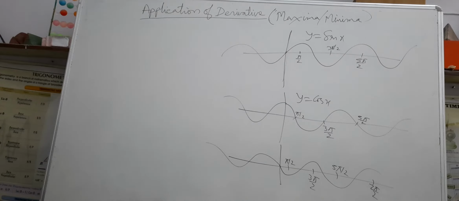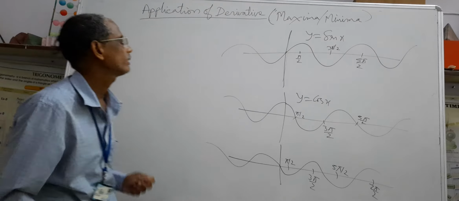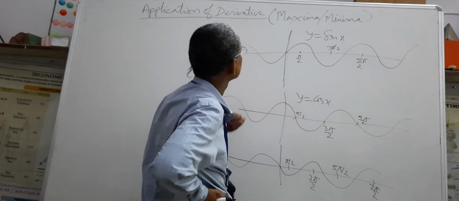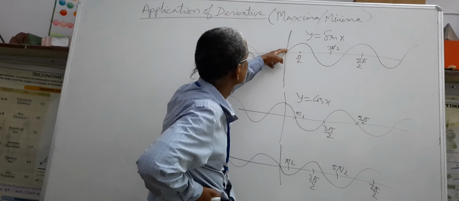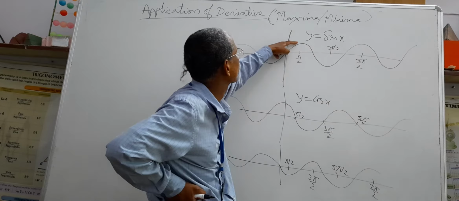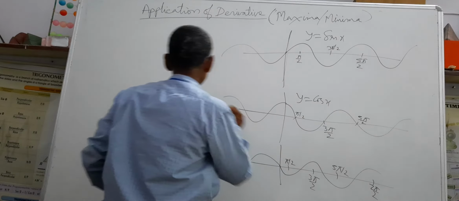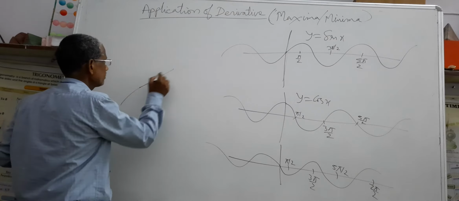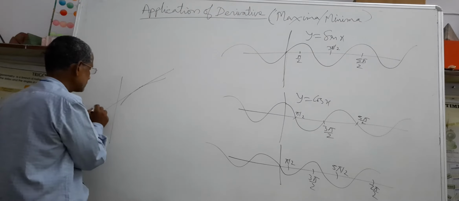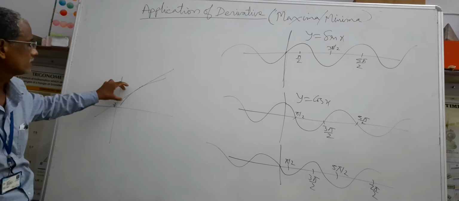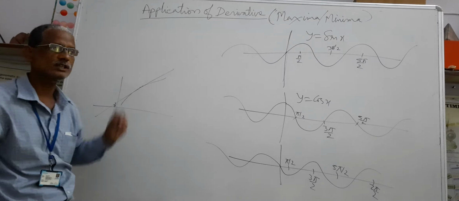Before working rule, see the graph. Here curve is increasing, function is increasing. So when function is increasing, tangent makes acute angle with x-axis. That is tan theta is positive, dy dx is positive.